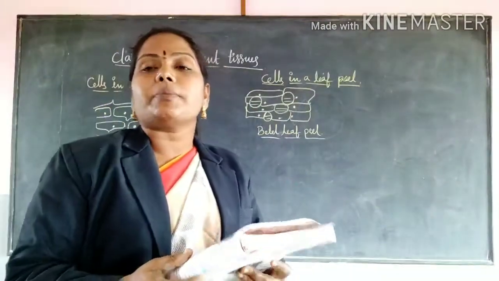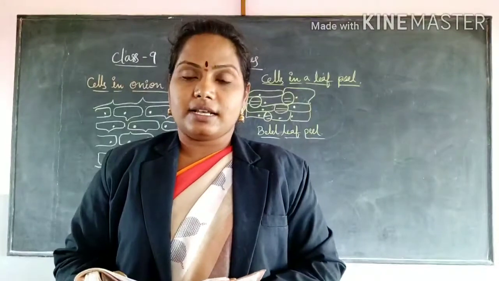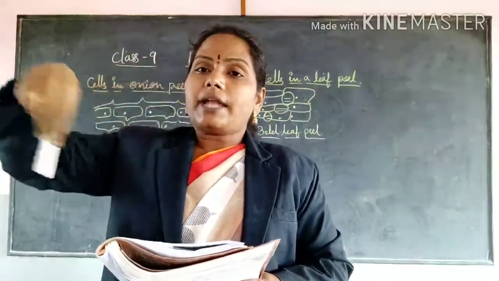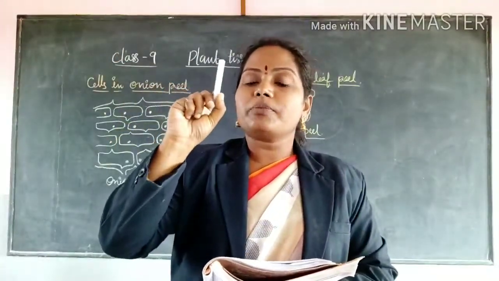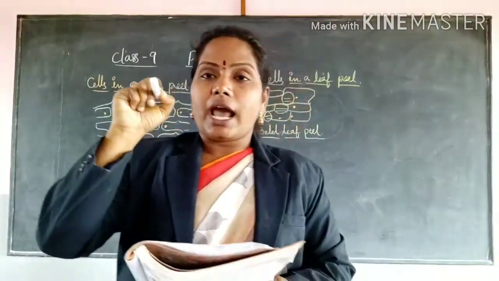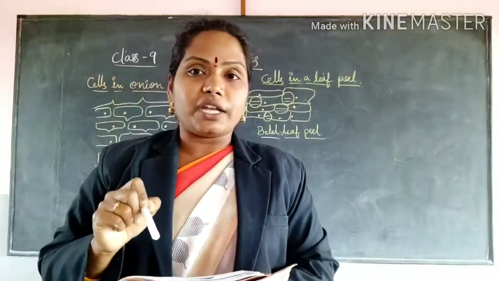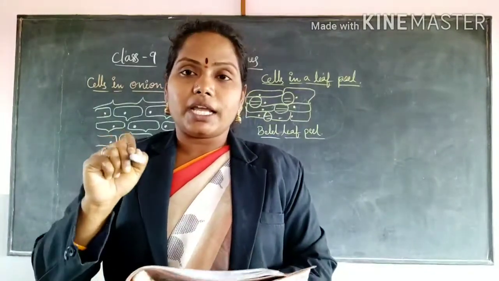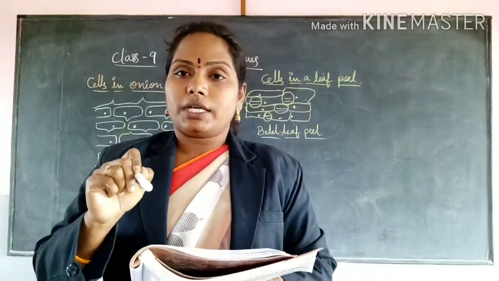In this picture you can see different cells. At the edges, the cells are different. In the middle of the root tip, the cells are different, and at the end of the root, the cells are different. You can observe this type of cell arrangement in the observation of the root.